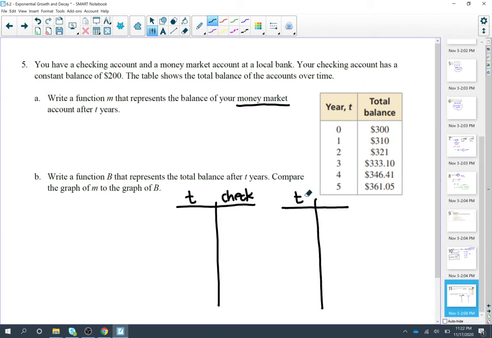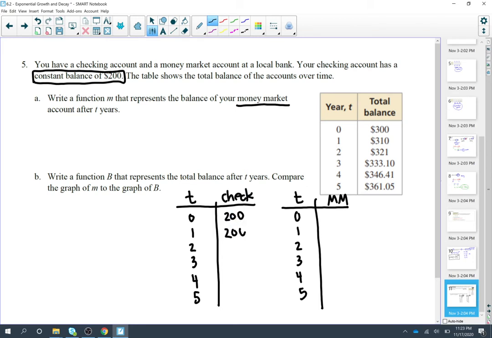I'm going to have time, and this one is the money market. The time period they gave us was from 0 to 5. They specifically said that the checking account has a constant balance of $200, which means it's always 200.